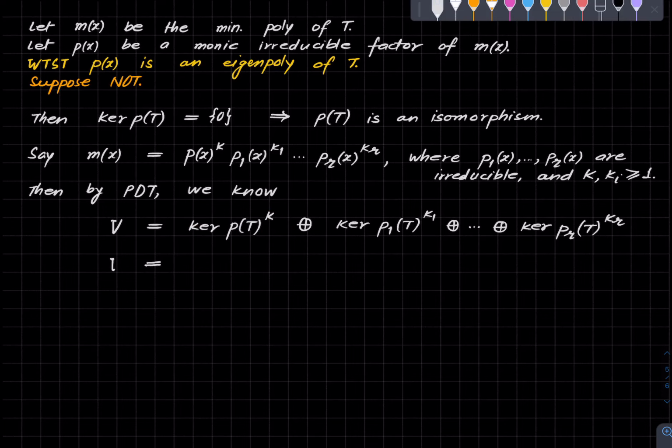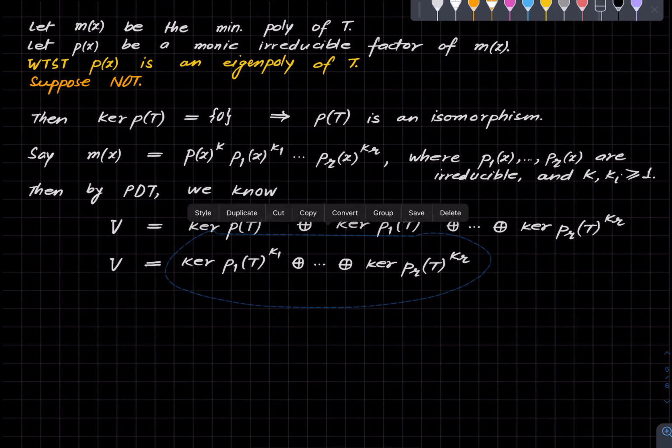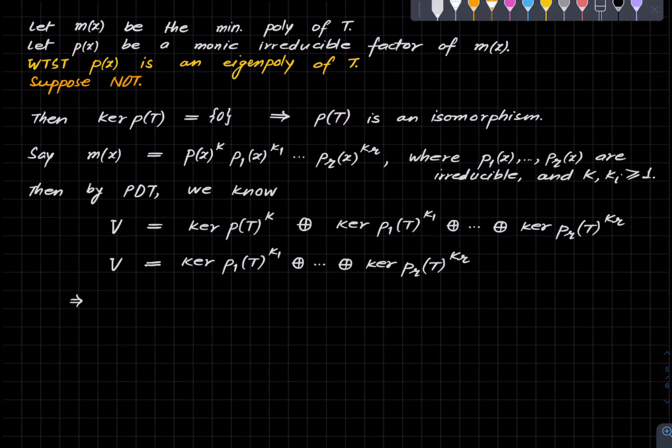So the vector space V is just the direct sum of the remaining things. Right? But this implies that the kernel of p1(T) to the power k1 dot dot dot pr(T) to the power kr is the entire vector space. Sorry, this is a T. Apologies. This is a T, which implies m(x) is not the minimal polynomial.